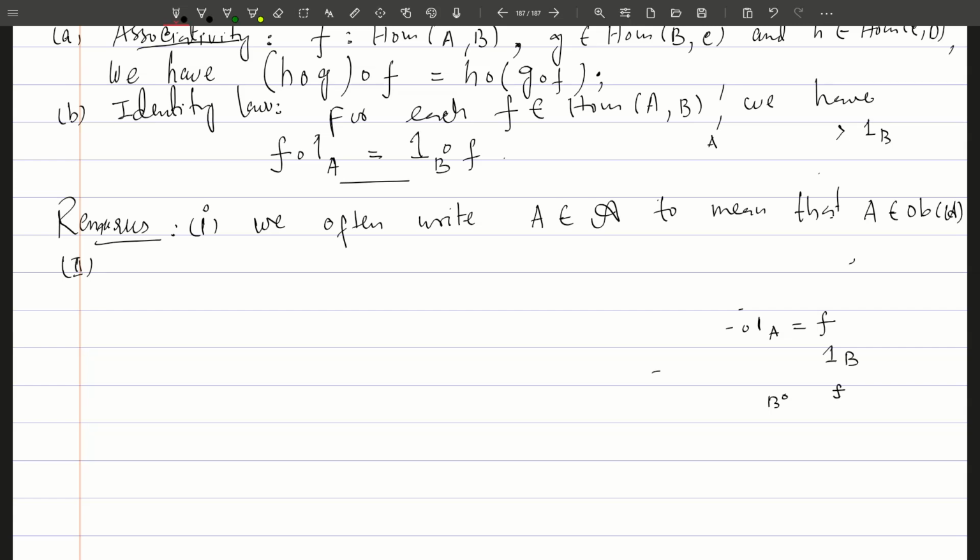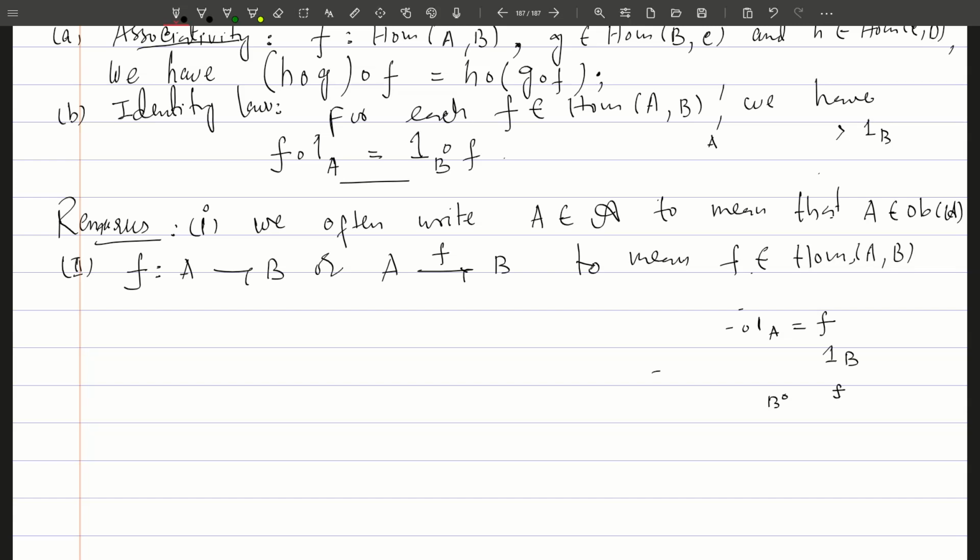So if we write F from A to B, or an arrow from A to B, we mean that this F is an element of home AB.